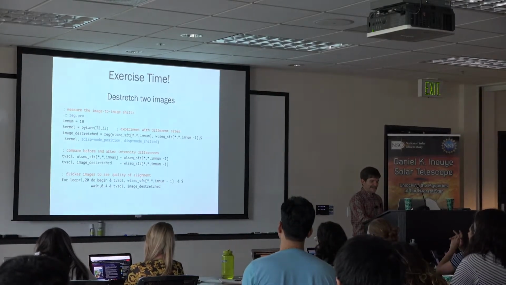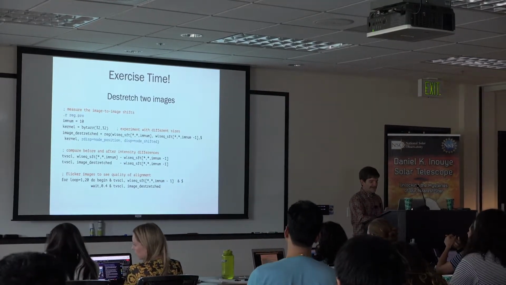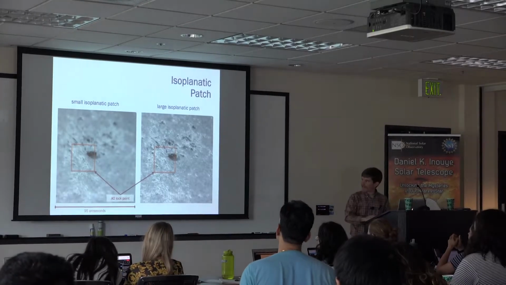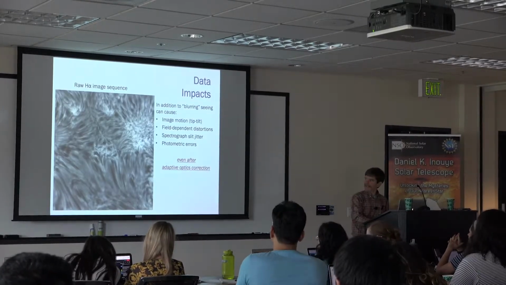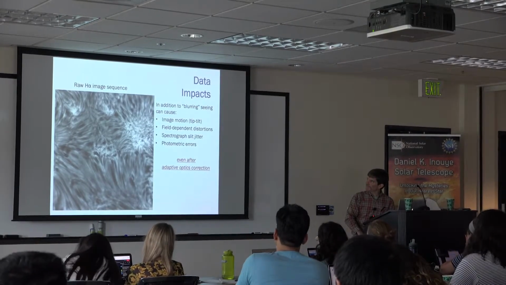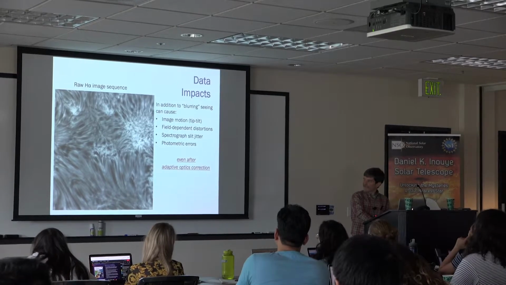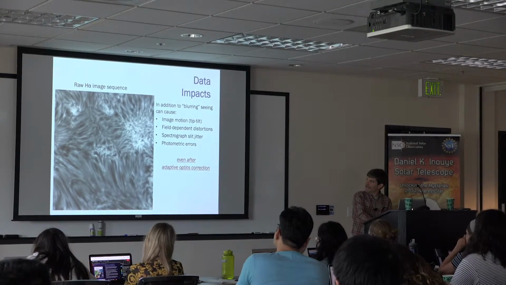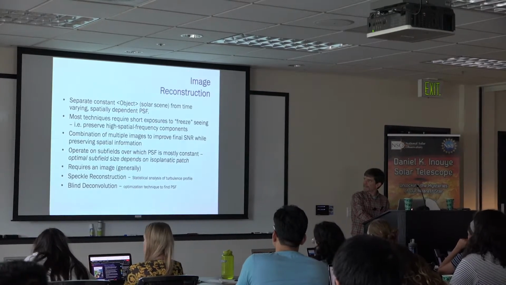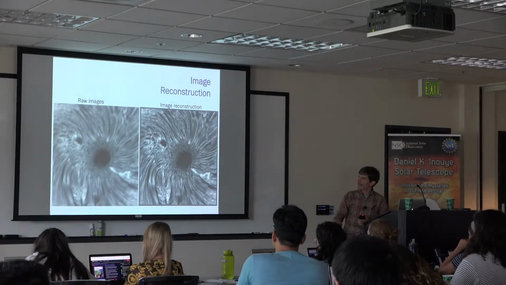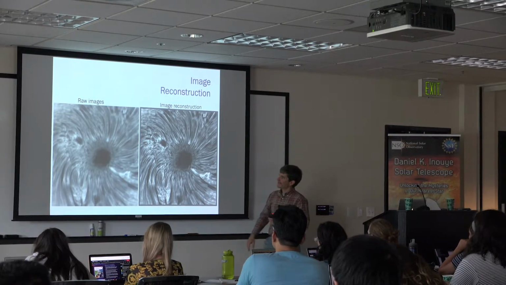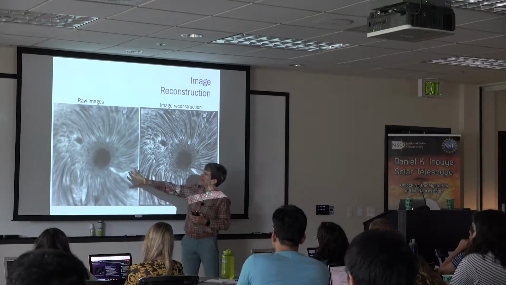One thing we didn't, so yeah, we'll stop there, but I want to mention the next step in the image processing, which is image reconstruction, another process that can be applied to the data. And just show you an example here. So you can have a time series of images.